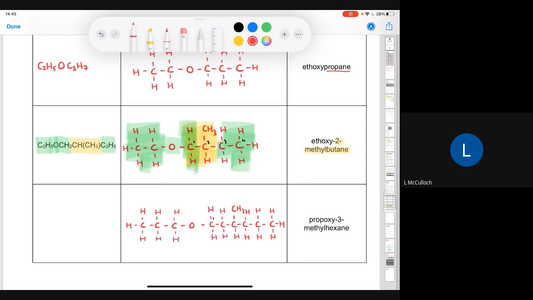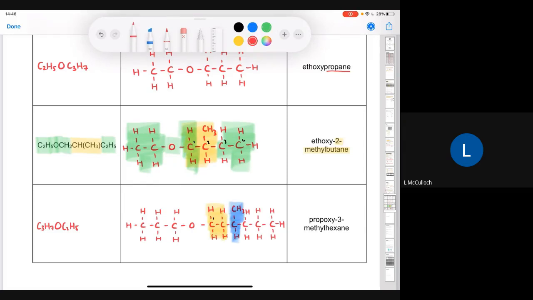And in terms of my shortened structural formula, it's going to be C3H7, then into the oxygen. Then I'll have C2H5 for those carbons that I've just highlighted there. Then I am into the tricky carbon, which is the carbon with the branch.